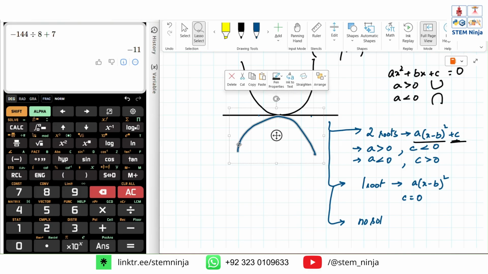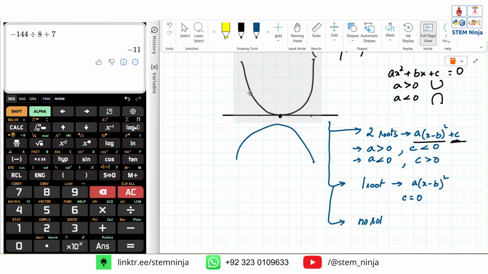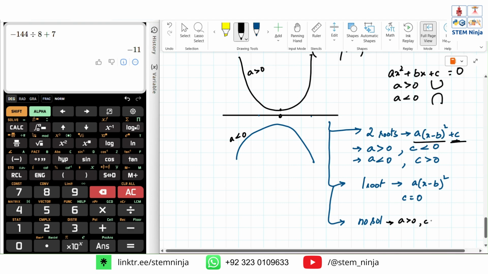It will look like the graphs are floating. So this is for a greater than 0, and this is for a less than 0. If a is greater than 0, c would be greater than 0 also. And if a is less than 0, that means an inverted U shape, c would be less than 0 also.